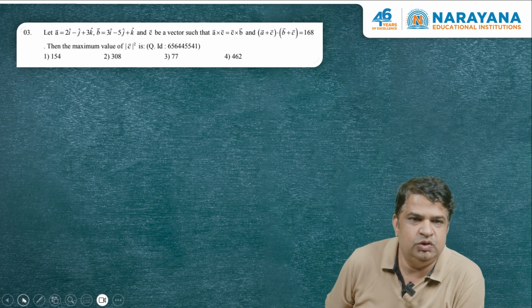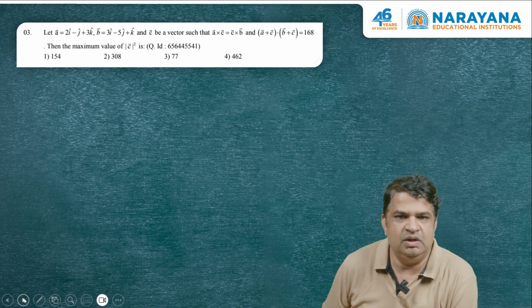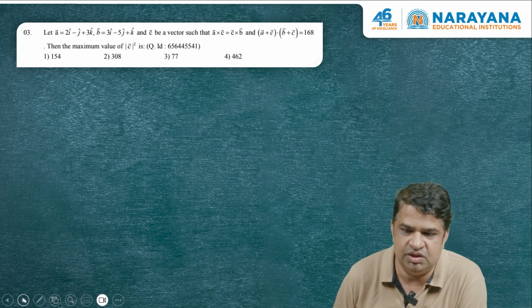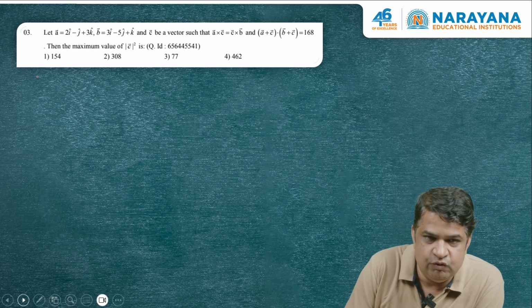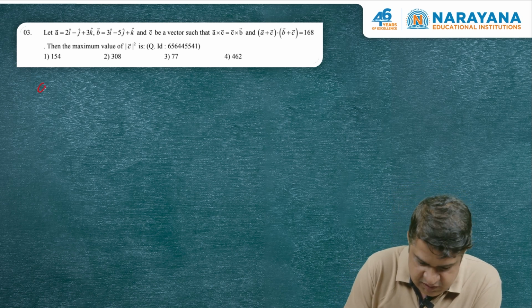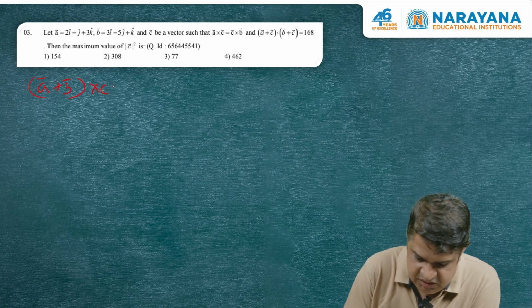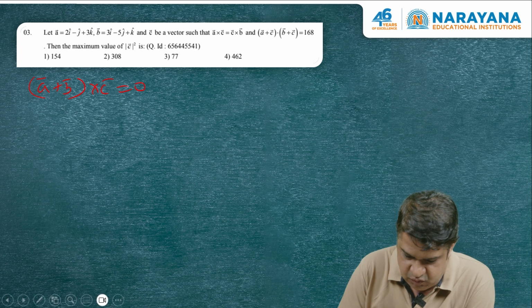Let us come to question number 3. Vector A is given, vector B is given, and there is a condition that A cross C is equal to C cross B. From this condition we can write it as vector A plus vector B cross vector C equals 0.